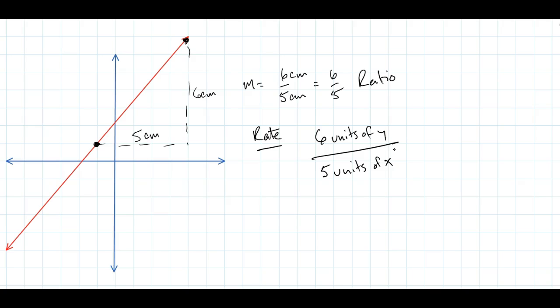And so my label on this would be set a couple different ways. I could say 6 units of y for every 5 units of x.